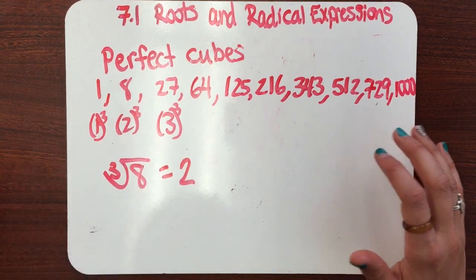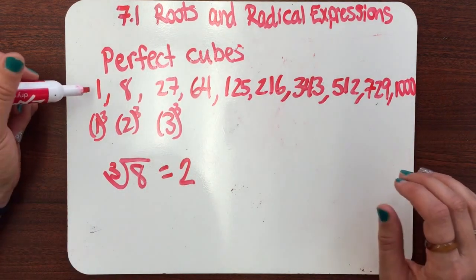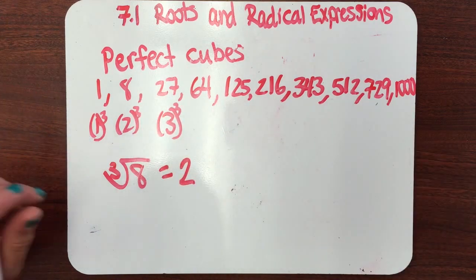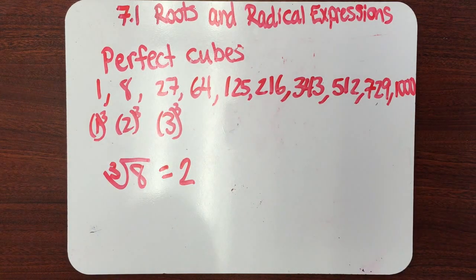So these are some of the perfect cubes that we should become familiar with. When we see these numbers, we should know they are perfect cubes. So let's go over some.